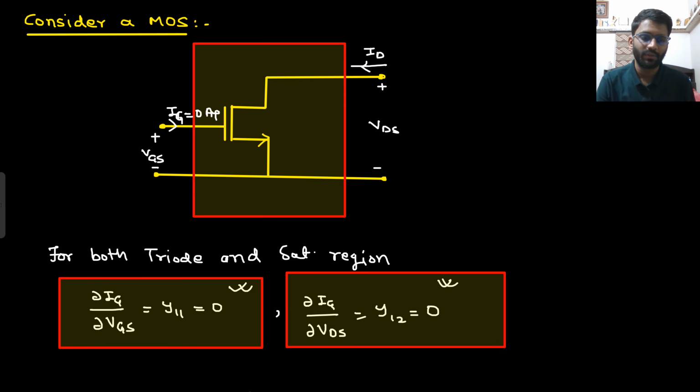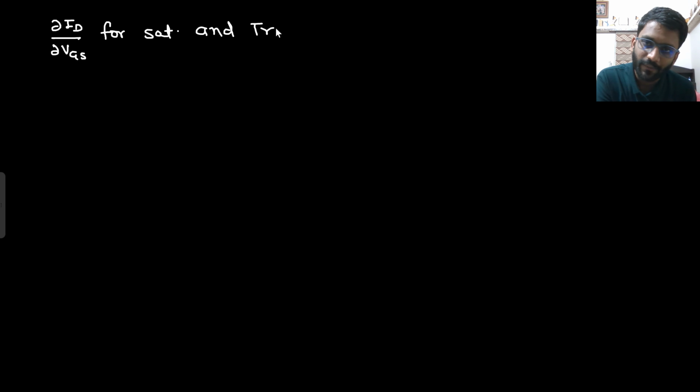So, delta VDS versus output current divided by input voltage. So delta ID by delta VGS for saturation and triode.